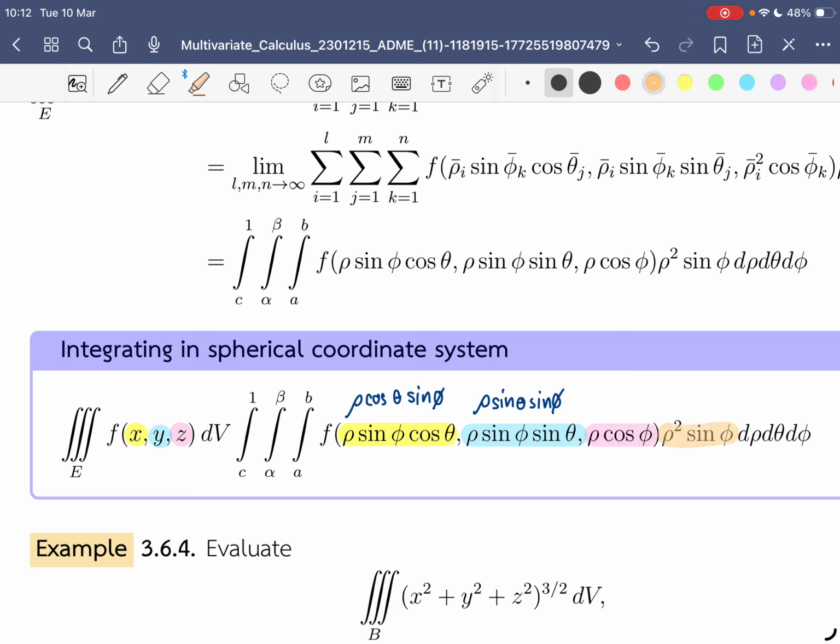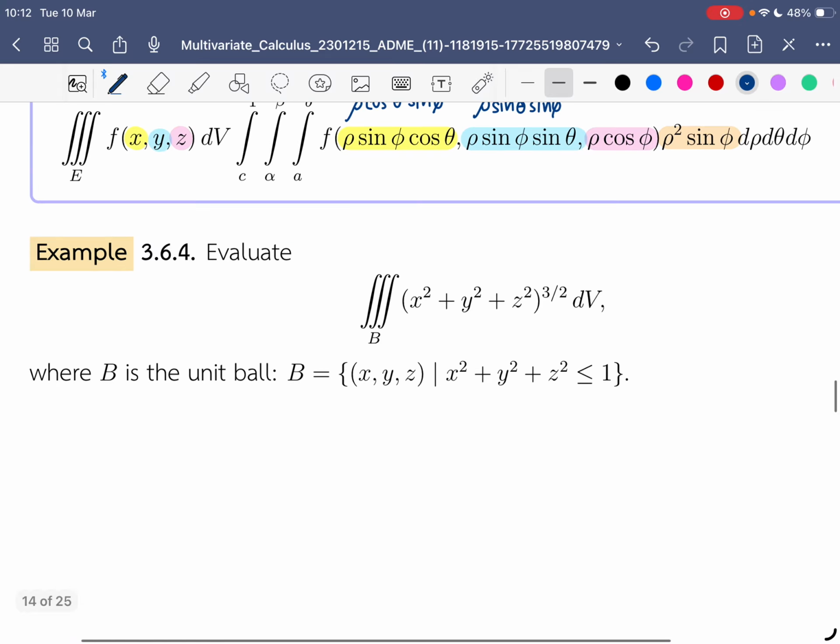Okay, let's deal with the simplest domain possible first. The simplest case is when the domain is a sphere, because that aligns well with how the spherical coordinate system works. So the sphere centered at 0, 0, 0 is going to be the easiest case.